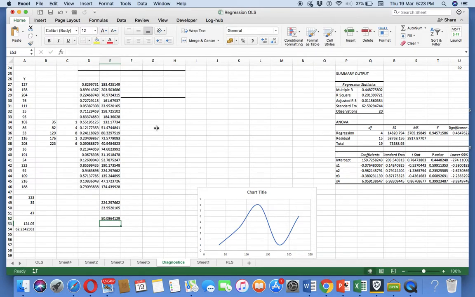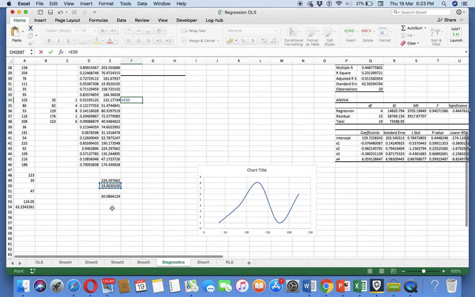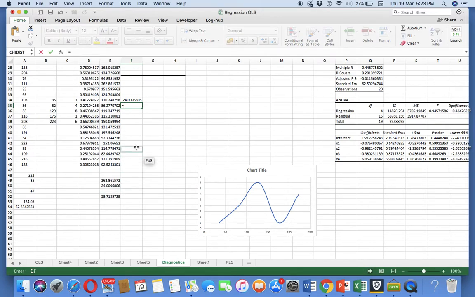And then I will generate the data over here, equal to the minimum value. And the class intervals will go from the minimum value, adding the class interval, which I will fix with F4, until I get the maximum value.